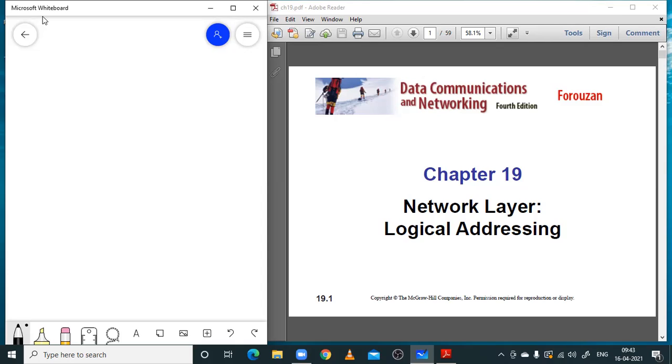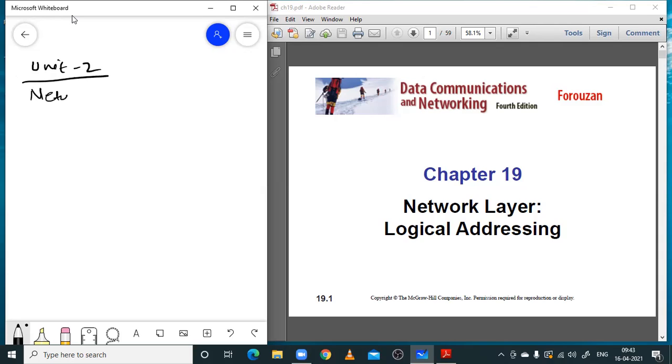What are the responsibilities of this layer and what can it do? How can communication be established and what sort of networks will be considered? What is subnetting? All these things will be discussed as part of this network layer in our syllabus, Unit 2.